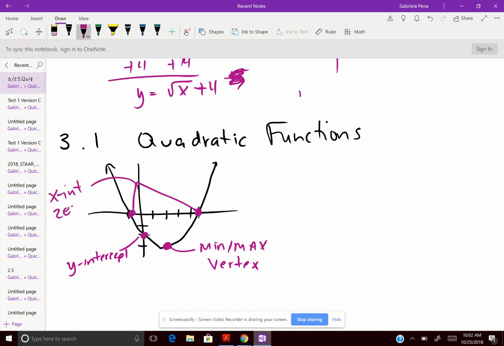We can call them zeros, or sometimes they even call them roots or solutions. So there are different names for those 2 points. So we're starting a new chapter, all dealing with quadratics. There's one more thing. There is a line that goes through here. Axis of symmetry. Axis of symmetry is correct.